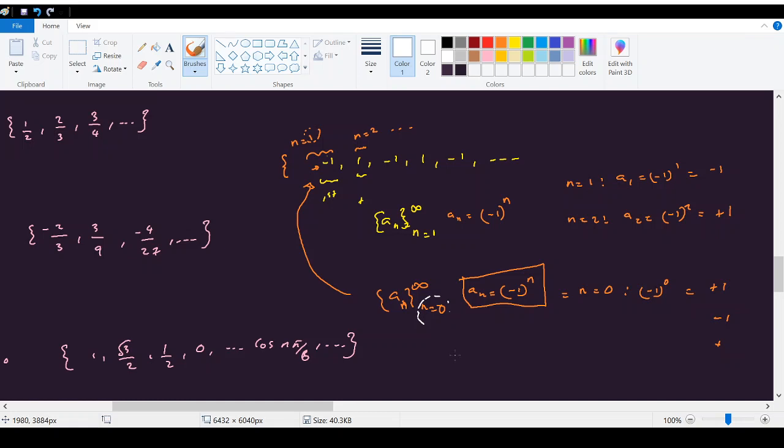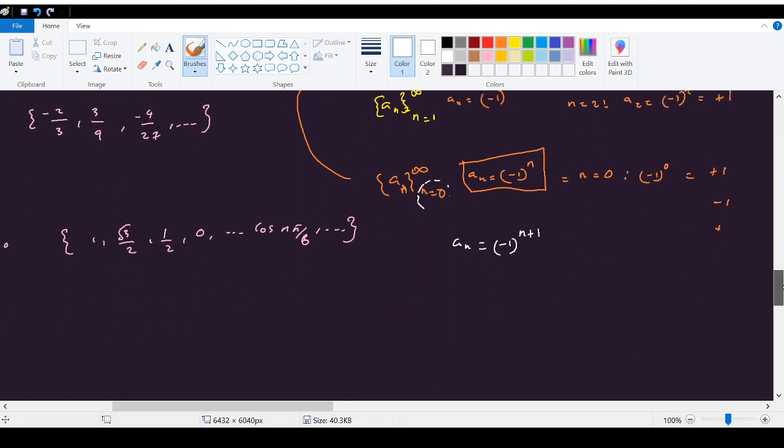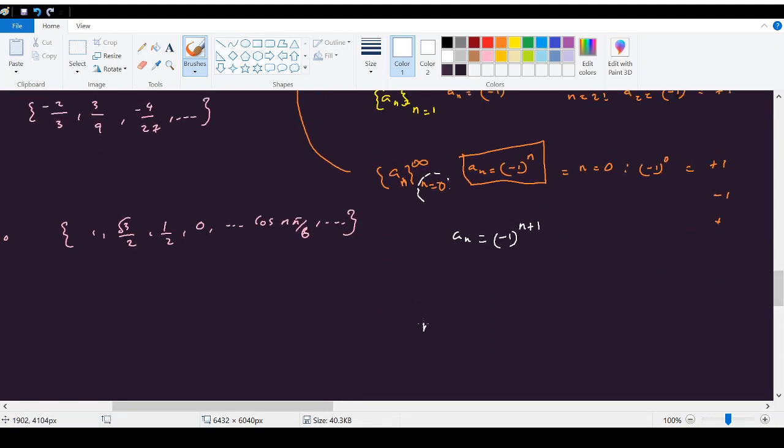We can do a very simple change to our equation. If we write it as negative 1 to the power n plus 1, then n equals 0 will give you a_0, and that is 0 plus 1, which is equal to negative 1.